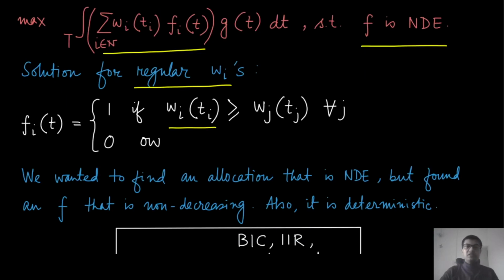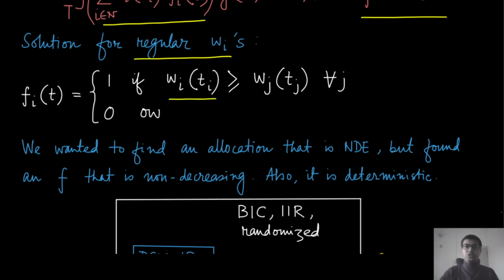Now this is really a very crucial point, and we'll see what is the implication of these virtual valuations and the maximum virtual valuation, because it will also have some impact on how the payments are chosen.